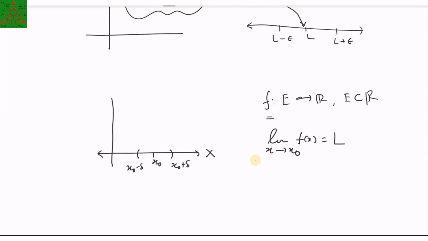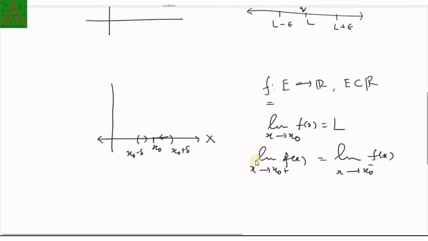That means you are approaching this point via the left hand limit and the right hand limit. If the left hand limit is the same as the right hand limit, then we can say that the limit of this function exists and is equal to L.